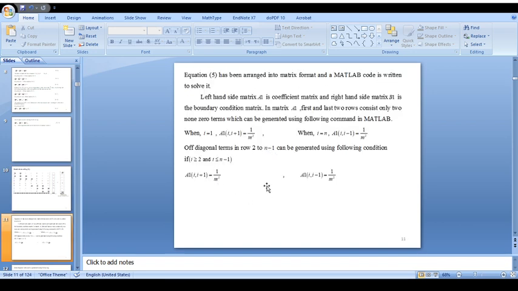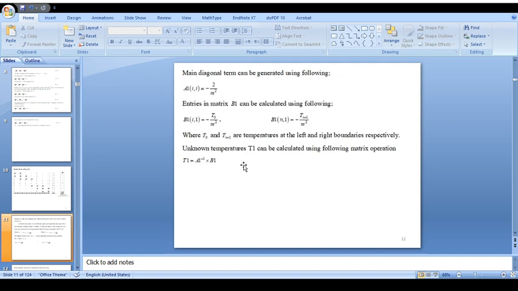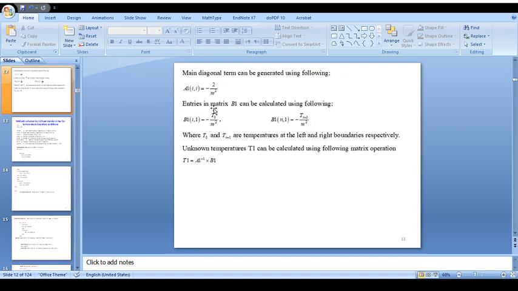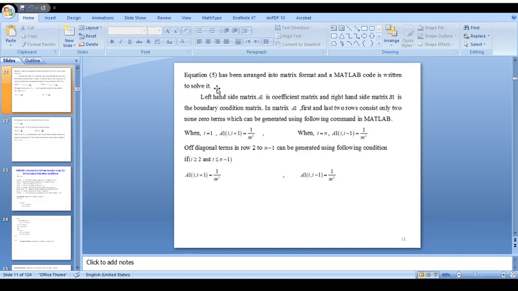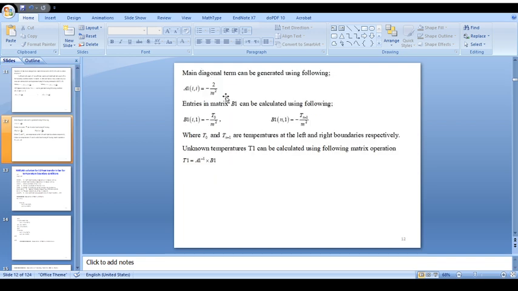So these would be generated from this. Now only the diagonal term. The diagonal term is very easy. It can be generated by this simple command here, minus 2 by m square. So matrix A is completely generated by these 3 commands, 1, 2, and 3.